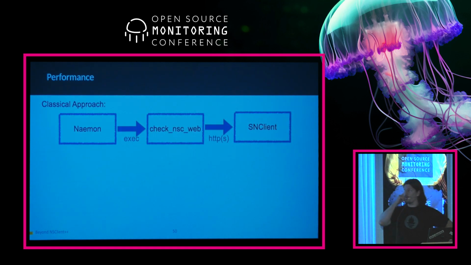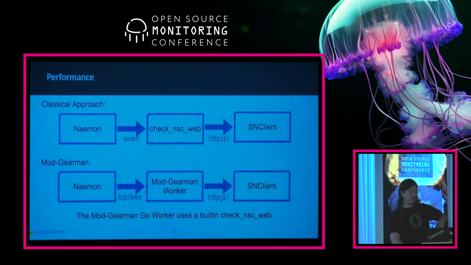The reason for this is that usually Naemon executes the plugin, then opens an HTTP connection to SNClient and gets the result. With the Gearman worker, Naemon sends a job package to the Gearman worker, and the worker then sends the HTTP request to the SNClient, because it has check_nsc_web built in.